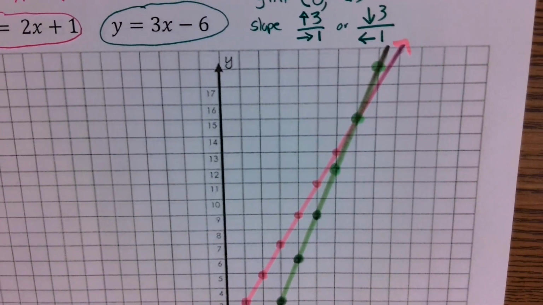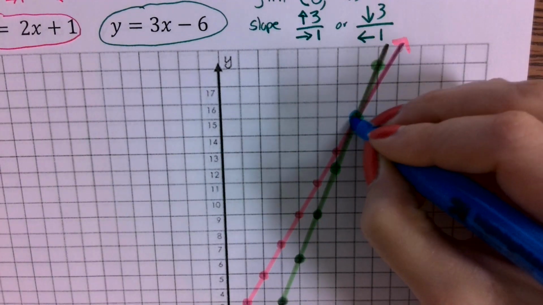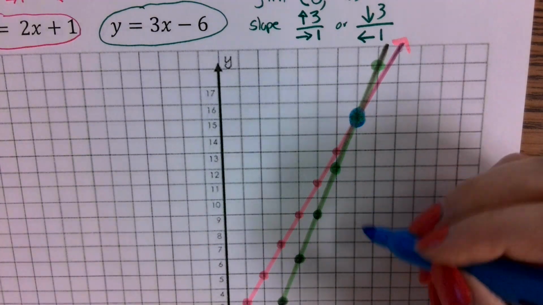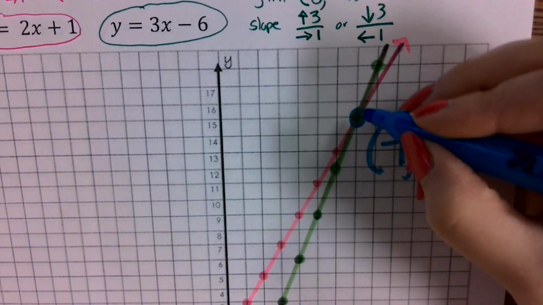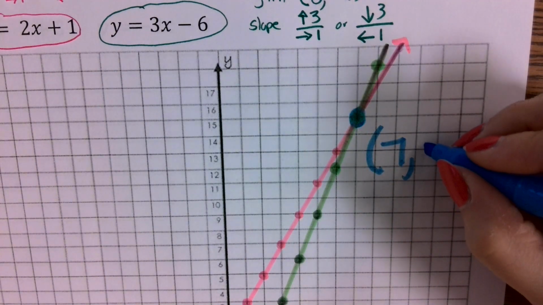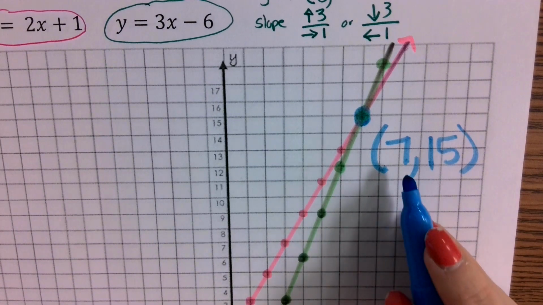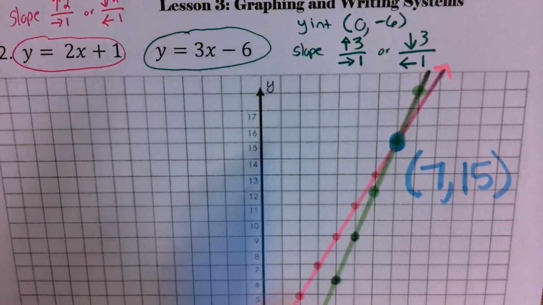The point I notice is that they intersect at a point in common, which happens to be the point (7, 15). So that means (7, 15) is a solution to both of these equations.